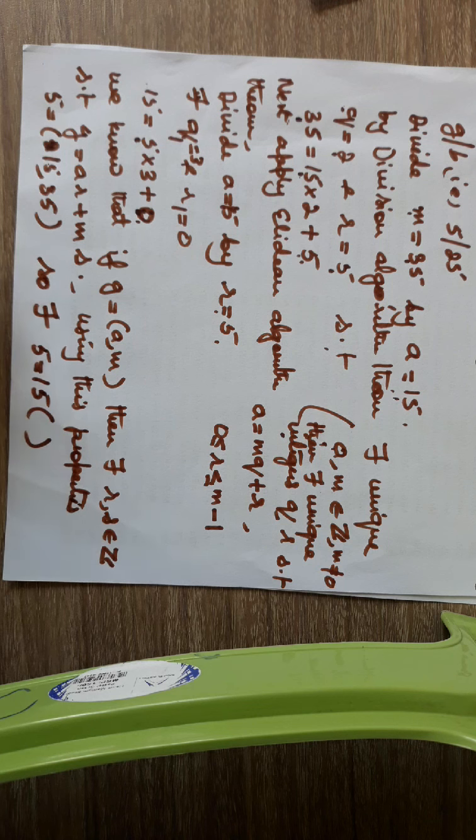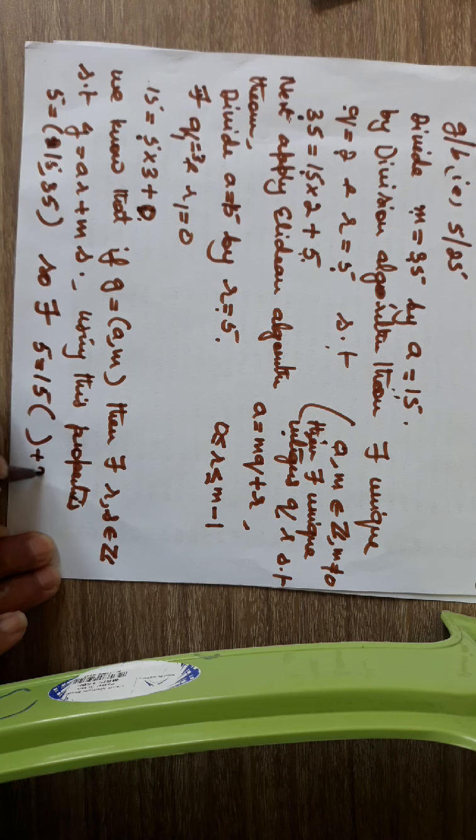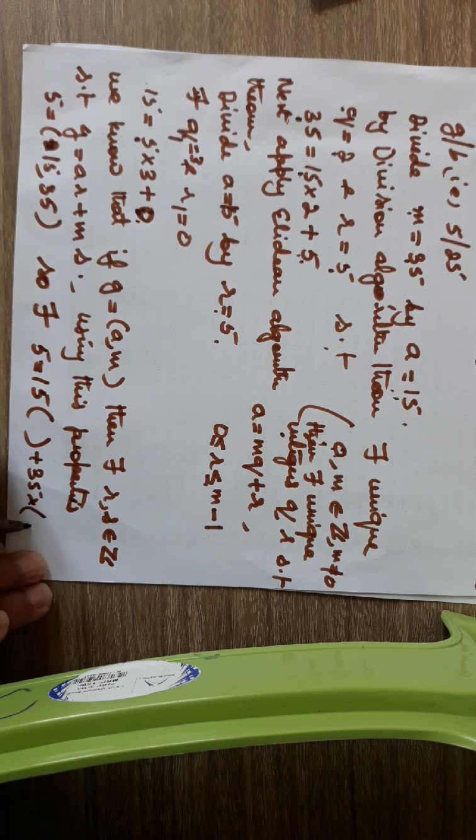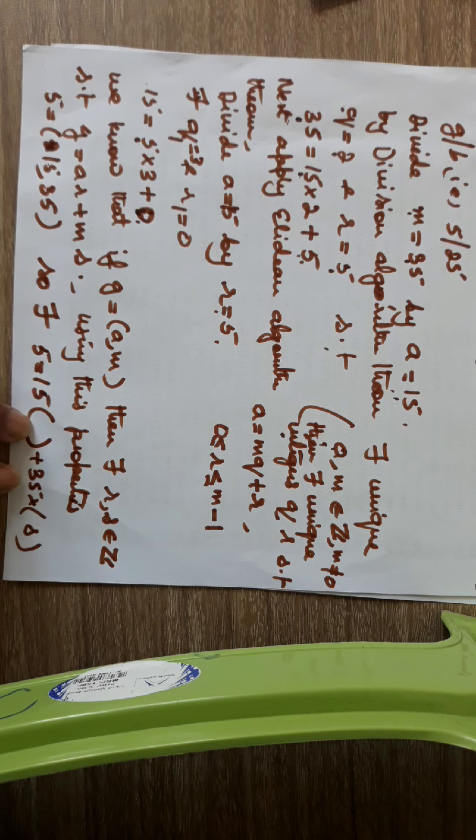So there exist R and S such that 5, that is G here, can be expressed as 15 into R plus 35 into S. In order to get 5 as a linear combination of 15 and 35, what shall we put here?